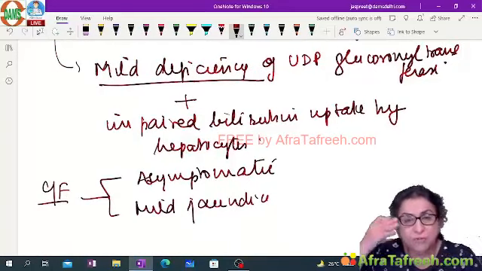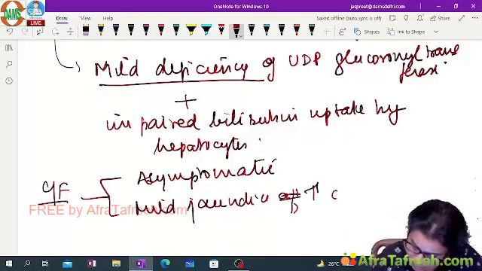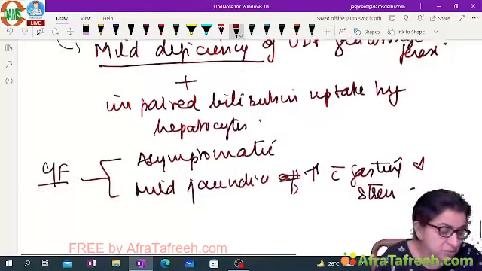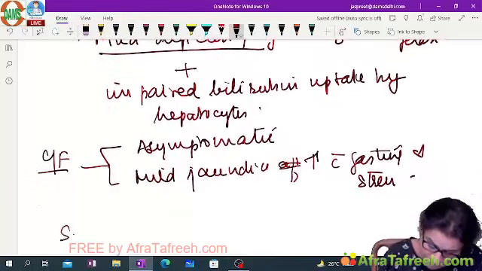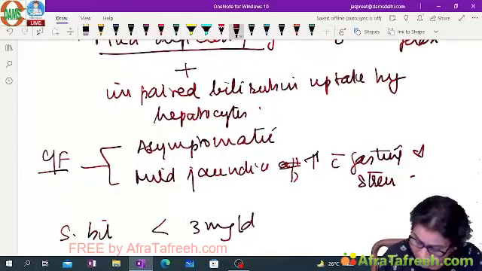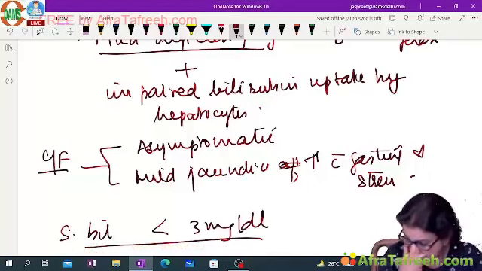So if they have a lot of tension, the mild jaundice increases. And serum bilirubin is usually less than 3 milligrams per deciliter.